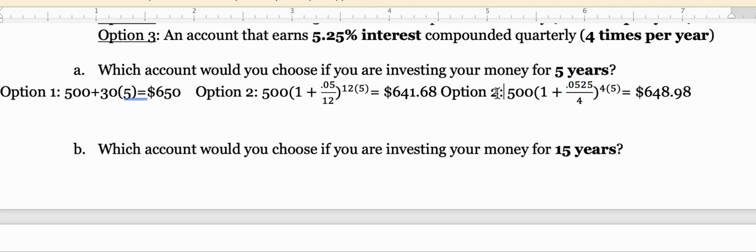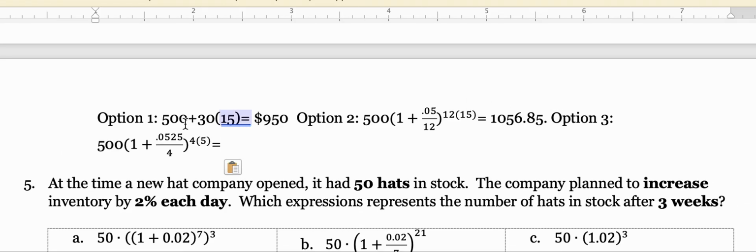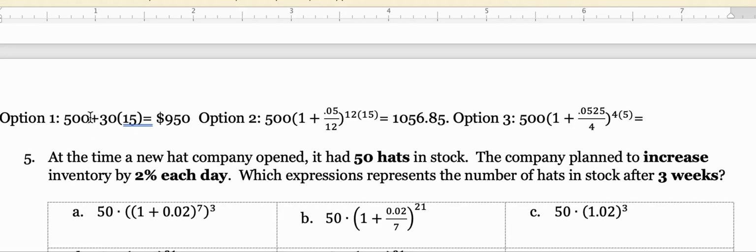This should say 3 here. I'm going to copy and paste this. Oops, this lost this. Option 3. And this is going to be a 15 in here instead of a 5.